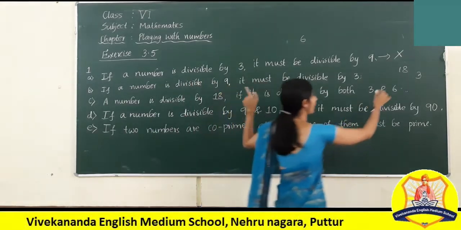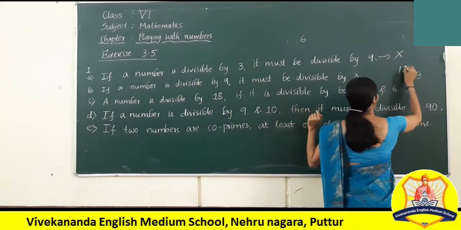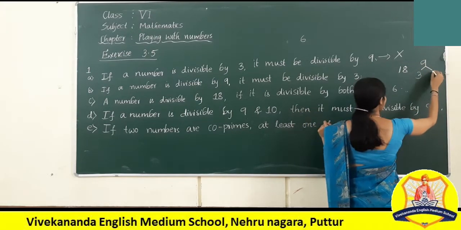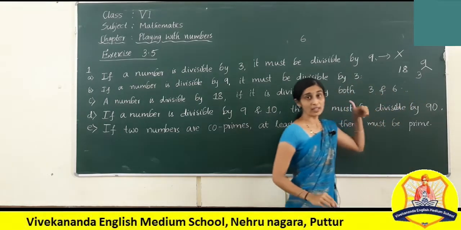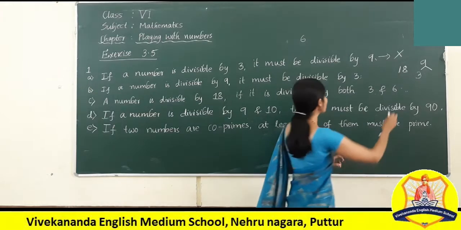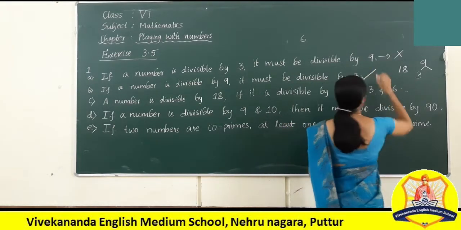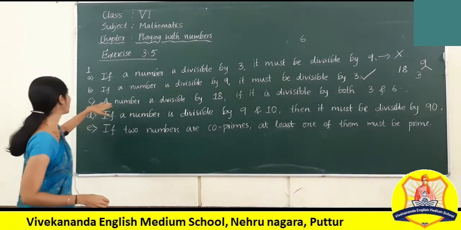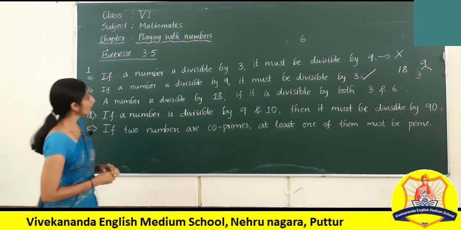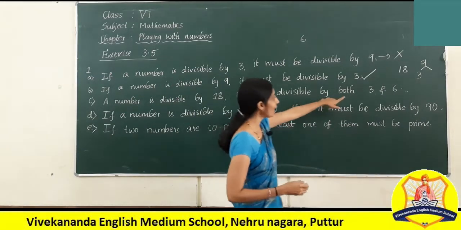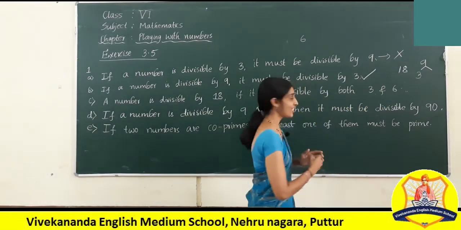Its factors are 3, 1 and 9, so it must be divisible by 3 according to the divisibility rule. Recall it. Okay, next, a number is divisible by 18 if it is divisible by both 3 and 6.